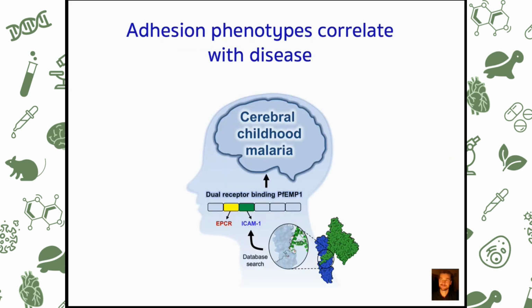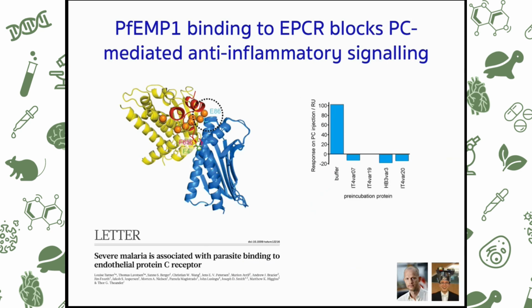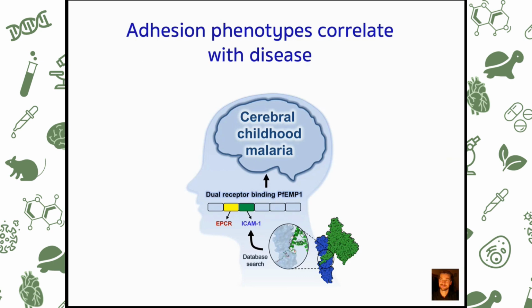And we also showed that if we have these PFEMP1 proteins which can both bind to EPCR, the receptor I just mentioned, and also a second receptor called ICAM1, if you have PFEMP1 proteins which can bind to both of these, they are particularly correlated with cerebral malaria. So just EPCR particularly correlates with childhood severe malaria, and both EPCR and ICAM particularly correlate with cerebral malaria in children.